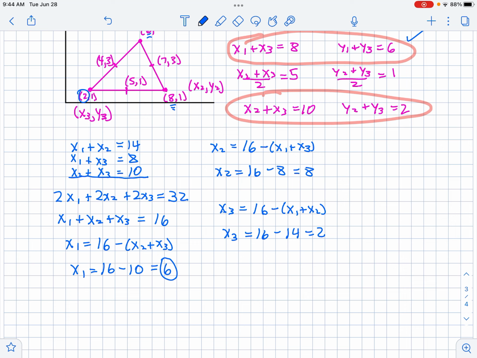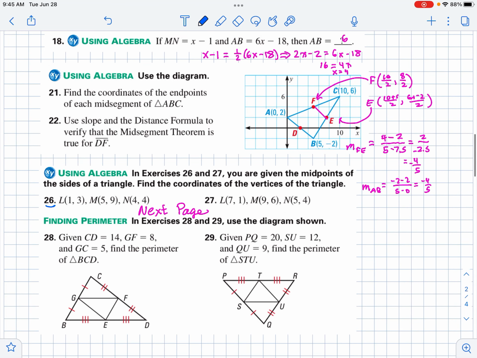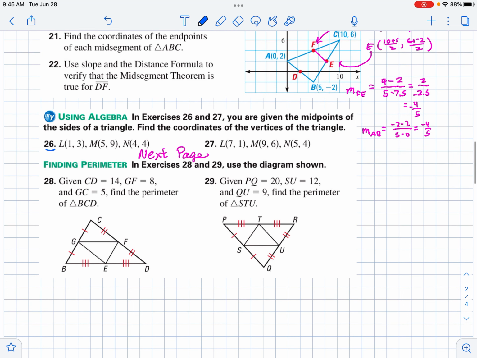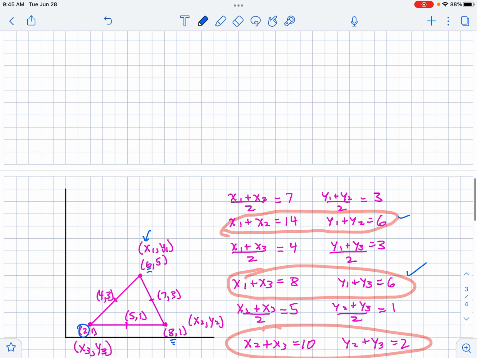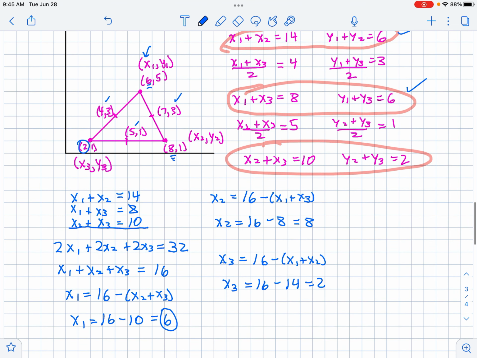Now, we would do exactly this same process for the y's. I don't want to totally spoil number 26 for you and work that problem, but that shows you how you would do it. Notice you're going to have x1 plus x2 divided by 2. You're going to match up each one of these. Notice I had 3 midpoints.